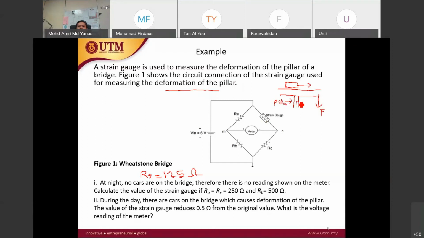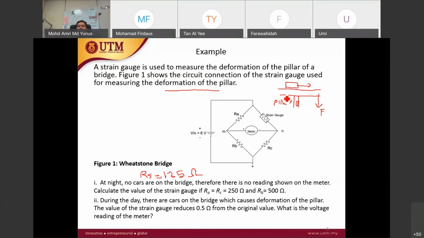Strain gauge is basically a sensor. It looks like a handy plus, where you paste the sensor on the surface of the pillar.